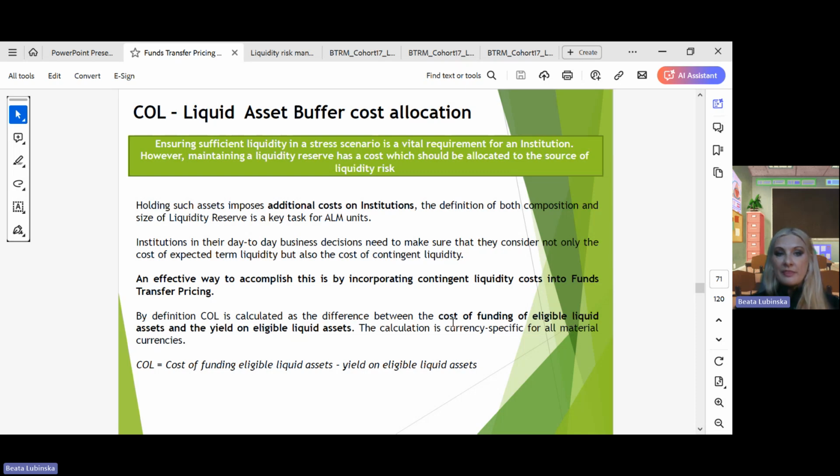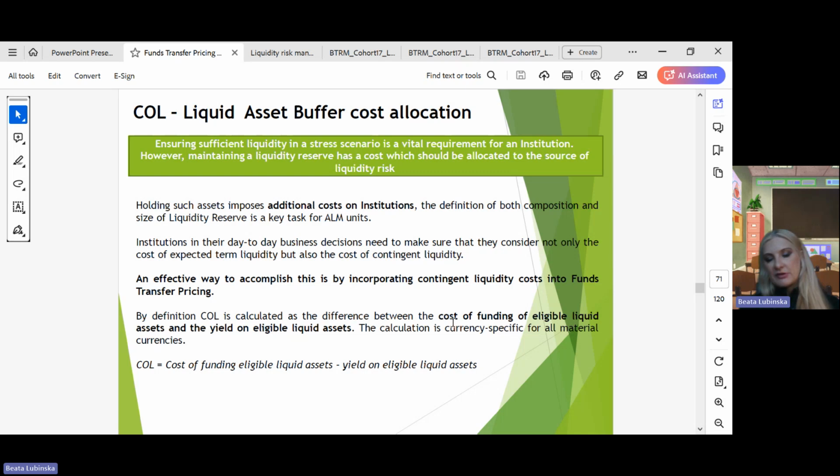So to quantify how much it should be, and also what the structure of the liquid asset buffer is, because it could be quite significant because you have a risky profile of your balance sheet, or it could be less significant, it's all based on your survival horizon.